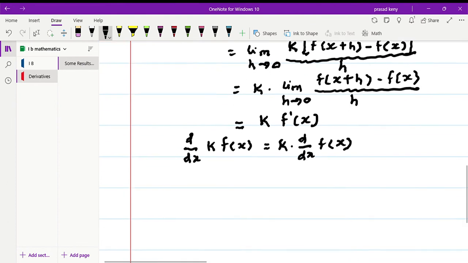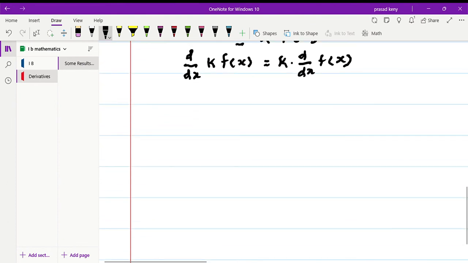Just as one more example, suppose you have derivative of 3 times x cube. So here 3 is the coefficient which I will take out of the derivative.